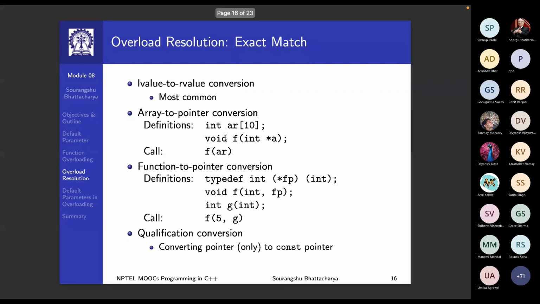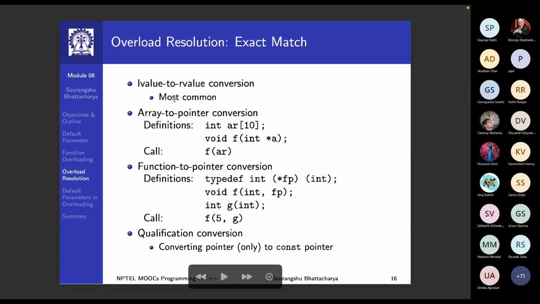So what is exact match? These are the ways you can do exact match. First is L value to R value conversion. This is the most common way of doing exact match, which is that if there is a variable of a particular type, it's an exact match to the R value of that type, or to the formal parameter.